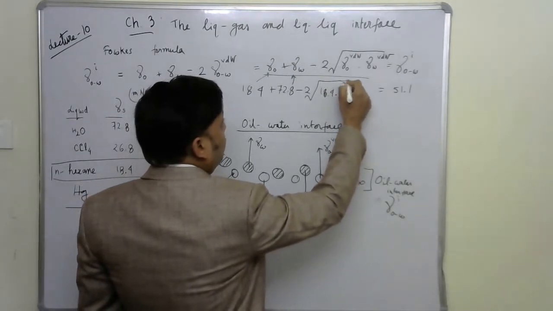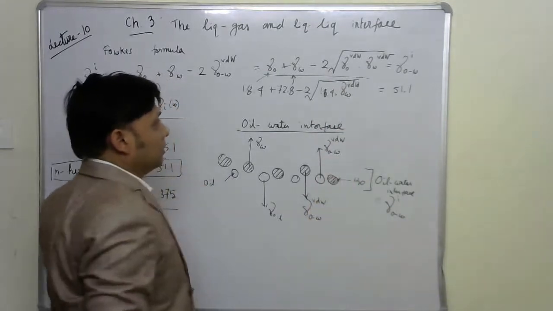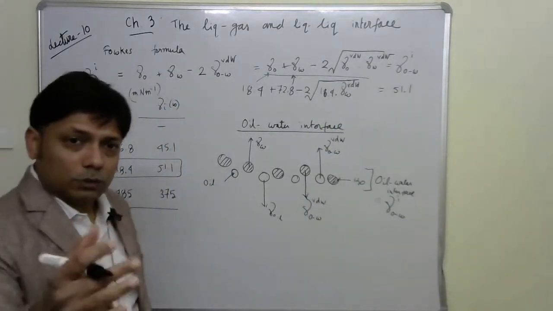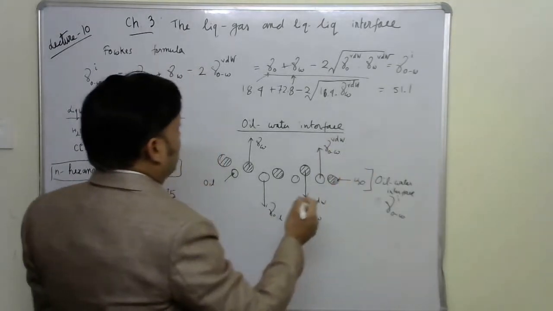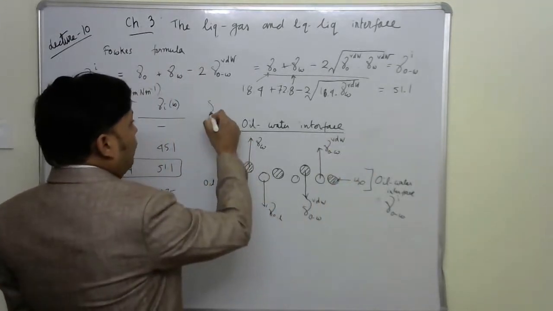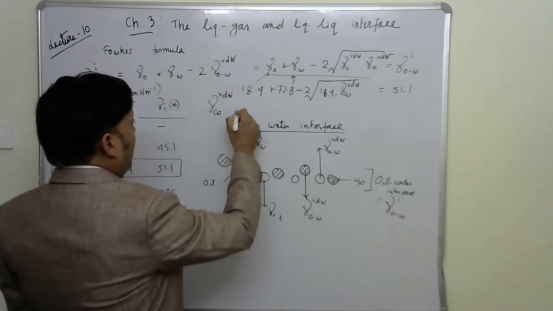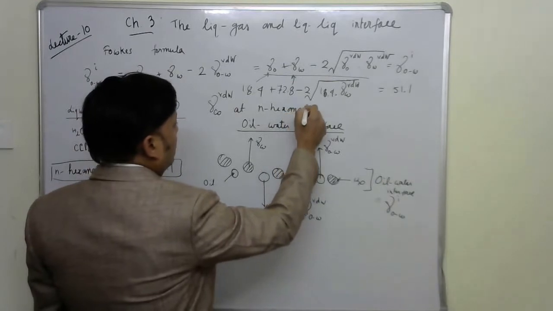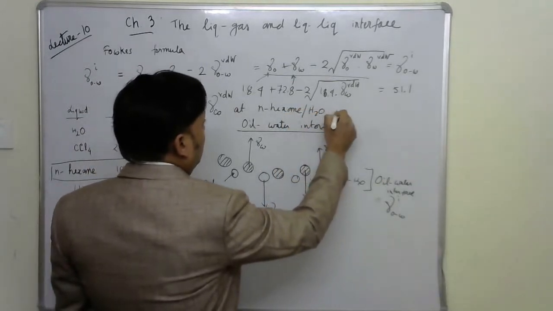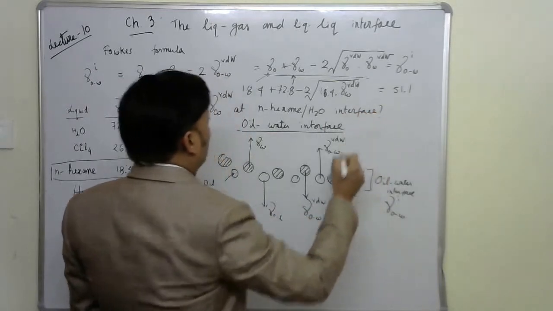So we don't know this because it is the interfacial tension when water interfaces with N-hexane. Okay, so it is equal to 51.8. So now can you figure out gamma water van der Waals at the N-hexane and water interface? Okay, so can you figure it out?